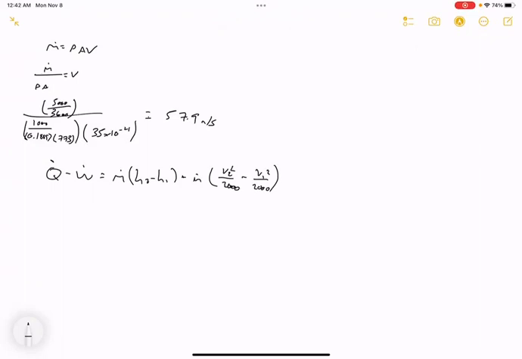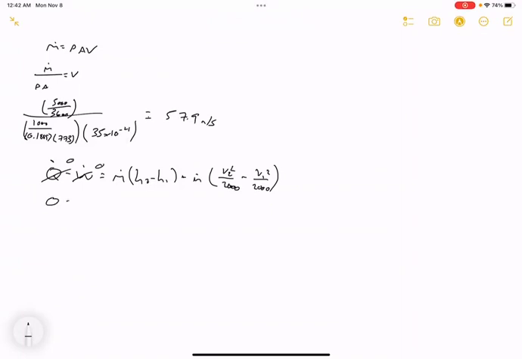Now, where do we go from here in terms of temperature? We're told that the nozzle is adiabatic, which means there is no heat transfer. Adiabatic definitionally means that Q dot is 0. Well, it's a nozzle. There's no work ever being done in a nozzle, so clearly W dot is also 0, and the whole left-hand side is 0.